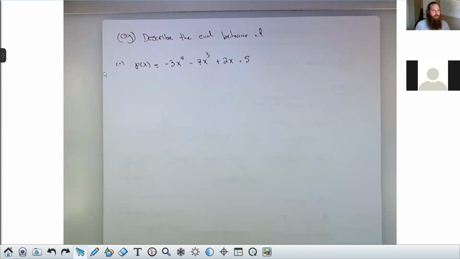I'm just being silly there. We're playing around with polynomials a little bit more. So I want to describe the end behavior of this one.